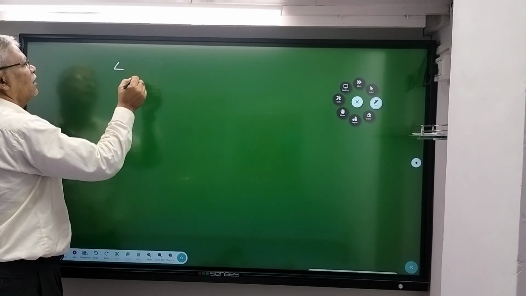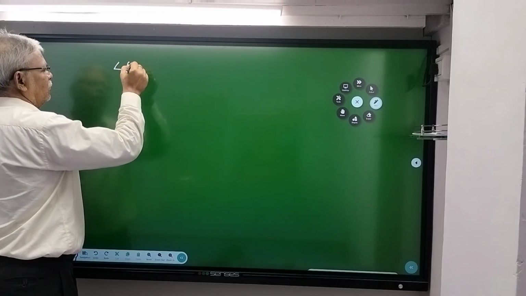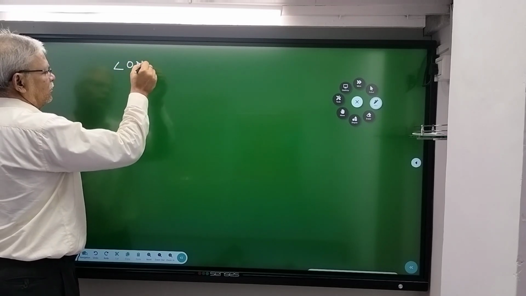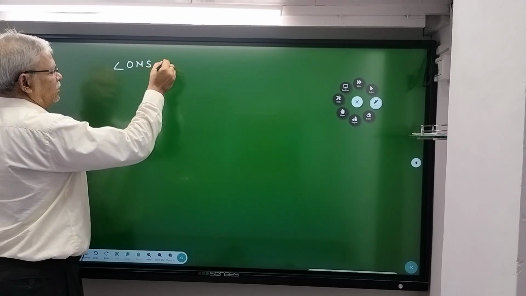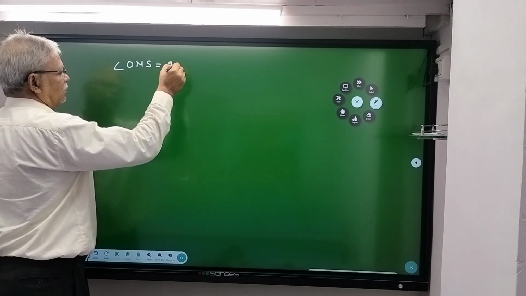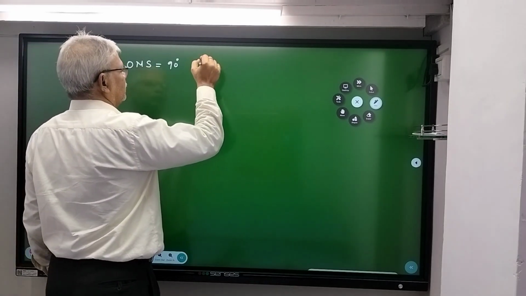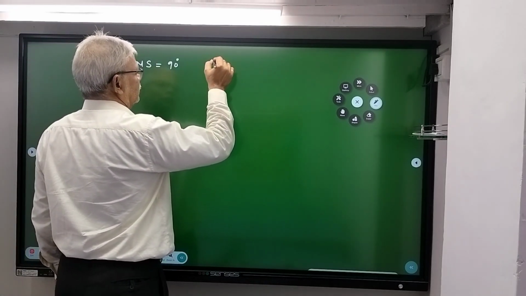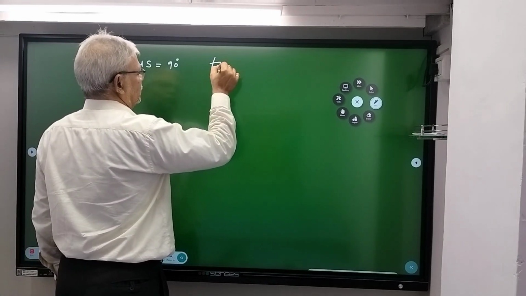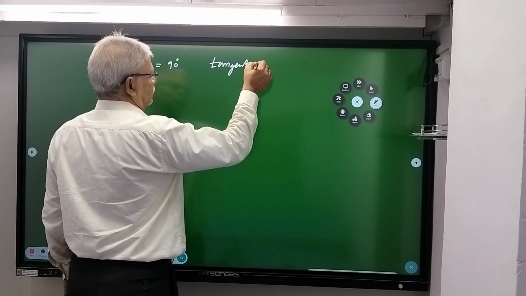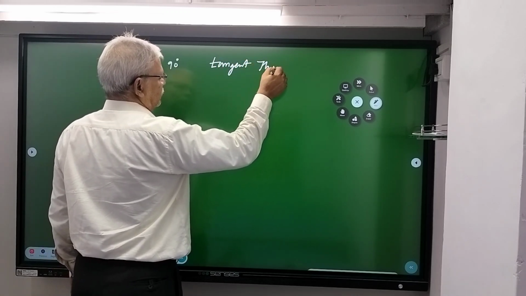Therefore angle ONS will be 90 degrees from the tangent theorem.